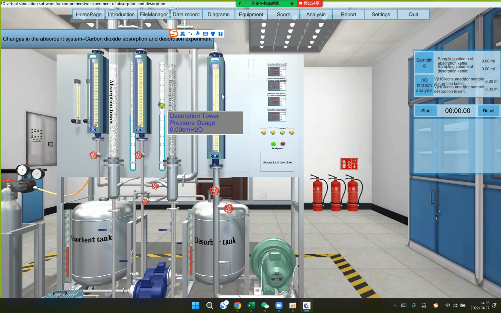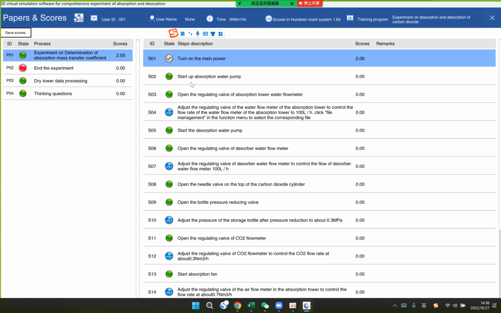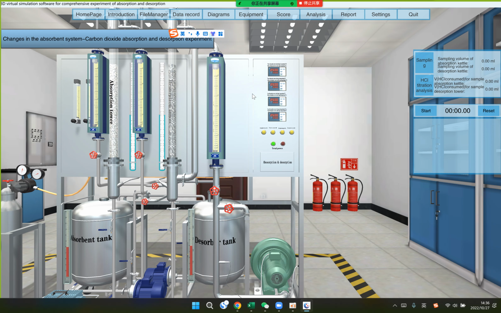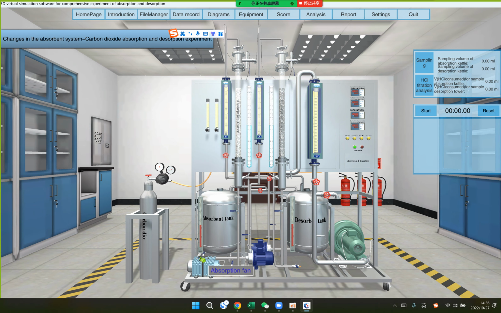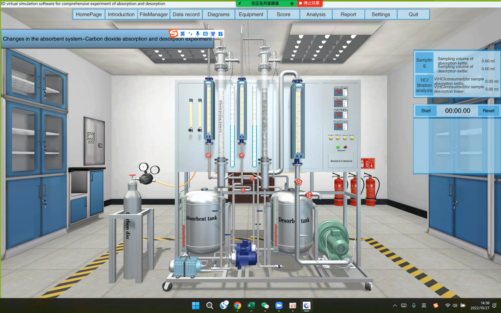And then start up the absorption water pump. I think it's this pump. Okay, start this pump.